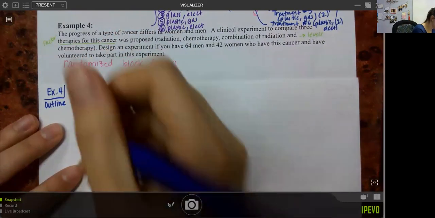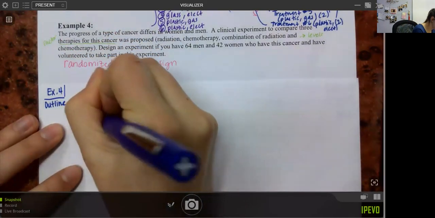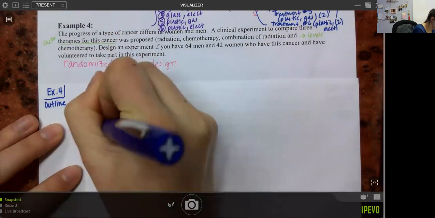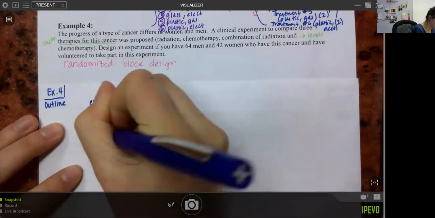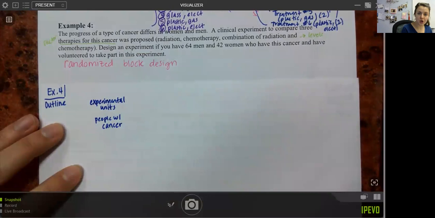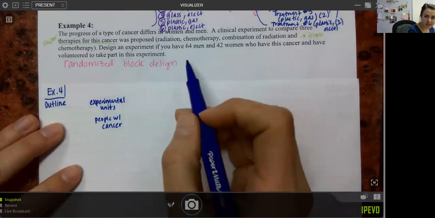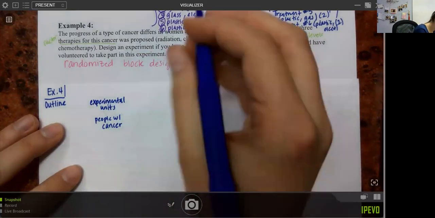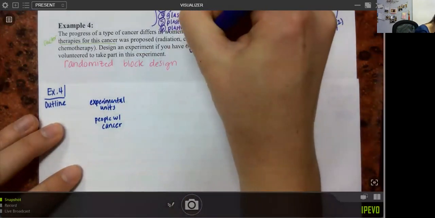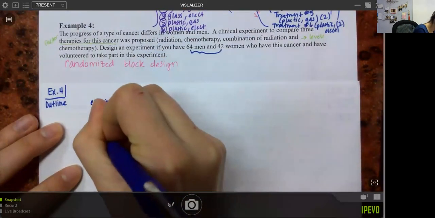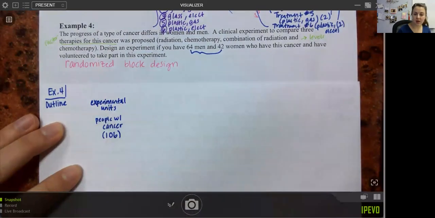These are the people or the cancer patients. So people with cancer. And we're given that we have a total. So here we're going to put the total number of people. Oh, let's see, 106, right? So I would have to total these up together. We have 106 volunteers.